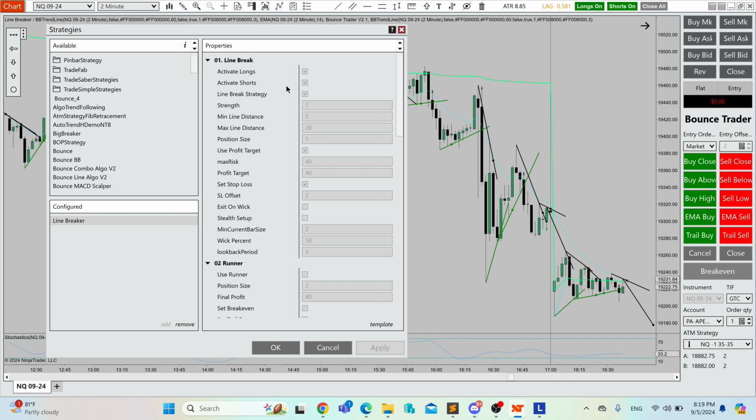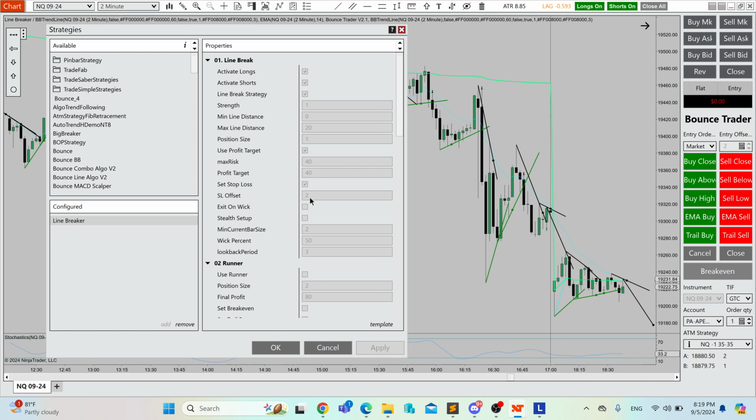We activate longs and shorts, line break strategy, strength 1 for these lines. Just as usual, I set max risk to 40. That's not 40 ticks, but 40 points. But profit target is in ticks, so that's like 40 ticks.